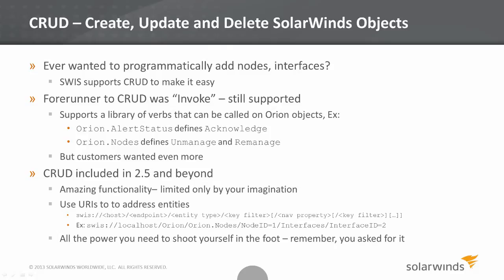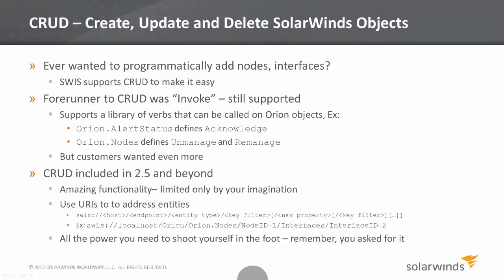But you guys said you wanted more, and so with 2.5 now, we support CRUD for almost all the objects in the systems. It's limited pretty much only by your imagination. And you use a set of URIs to address your entities. And so that basically, again, would be the basic host and endpoint. And then the entity type, basic filter information, and then optional key filters for objects.